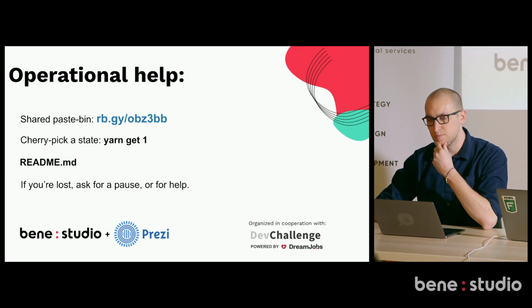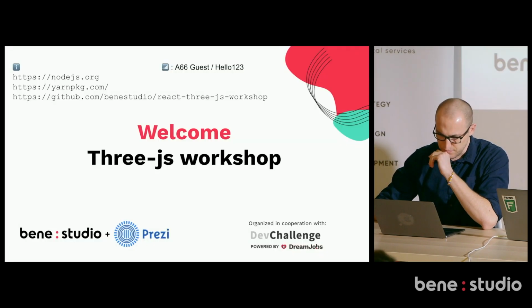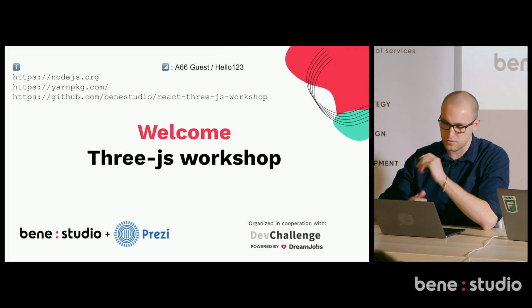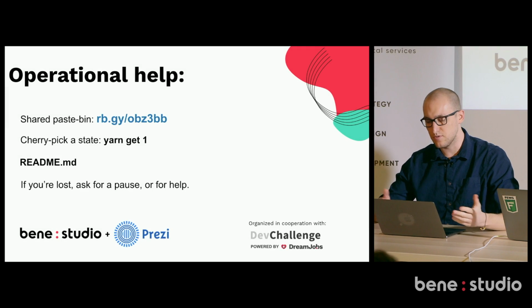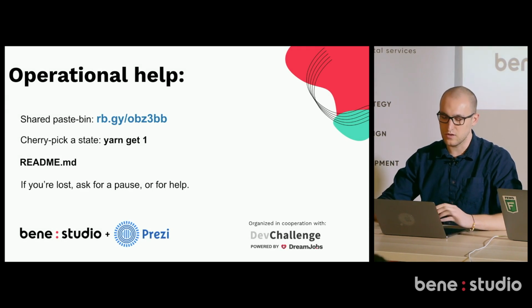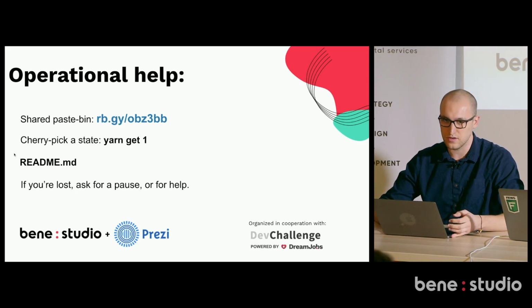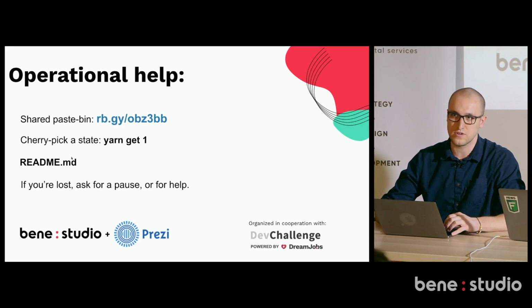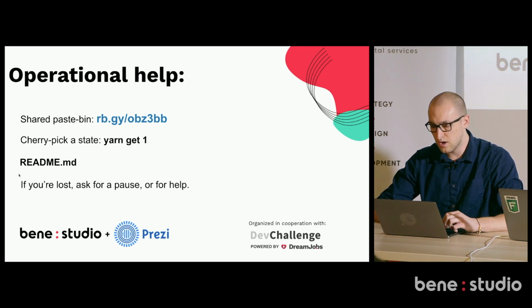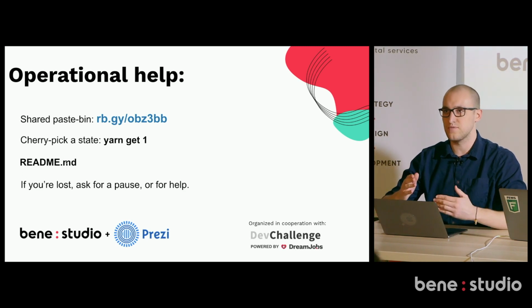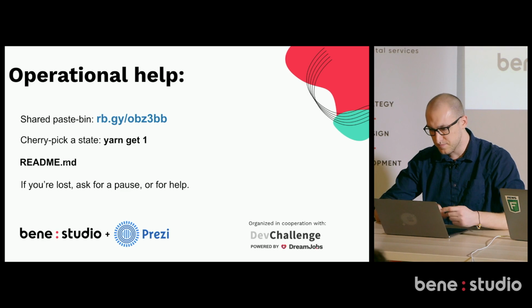The repository we are going to work on today: we have given you some tools to make it easier to follow the workshop. If you get lost at any point, you can consult the README, which contains a rough transcript of the workshop. Also, the workshop itself is broken down into steps.